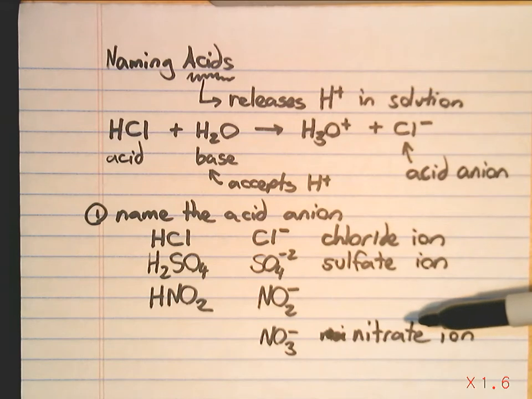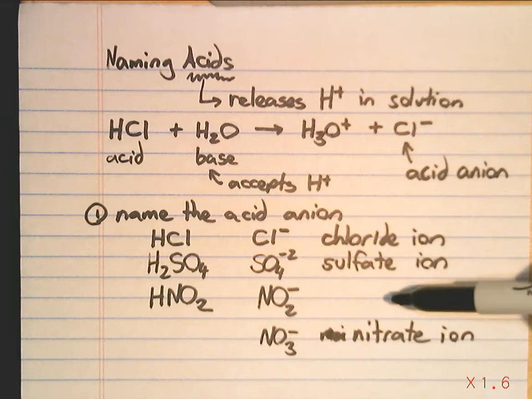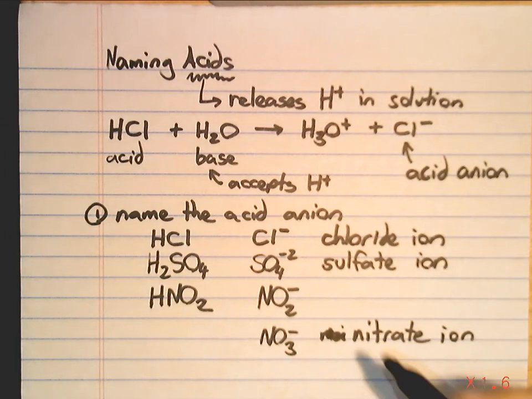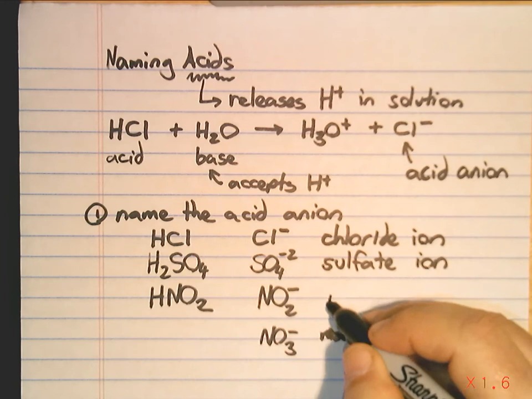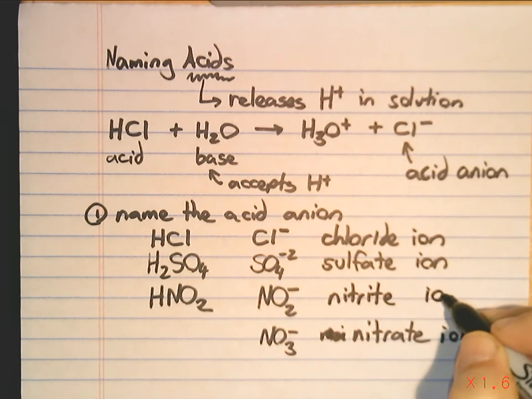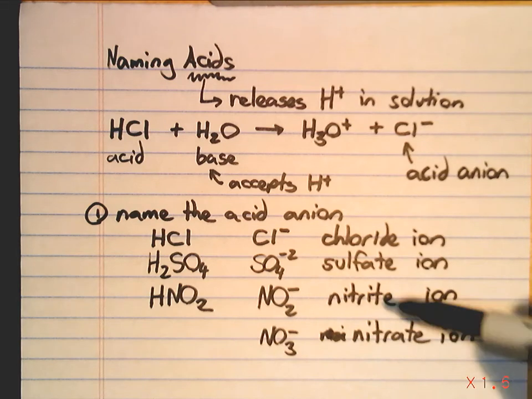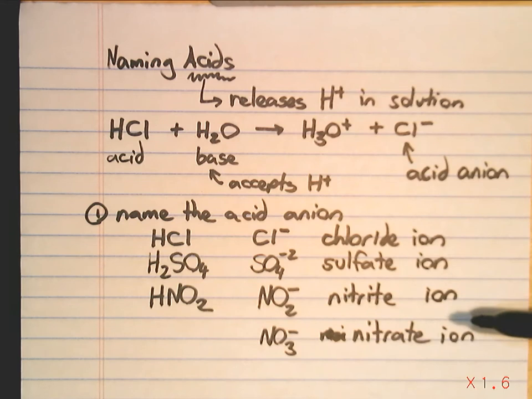If you look back at your polyatomic ion prefixes and suffixes, you'll see that this is called a nitrite ion. So all the stuff that we did before about naming ions, you'll need to know to be able to do this job. If you cannot rattle these things off, go back and study that again.